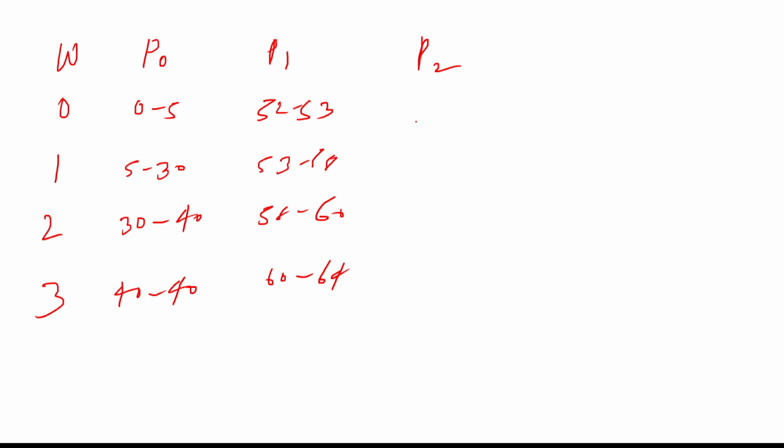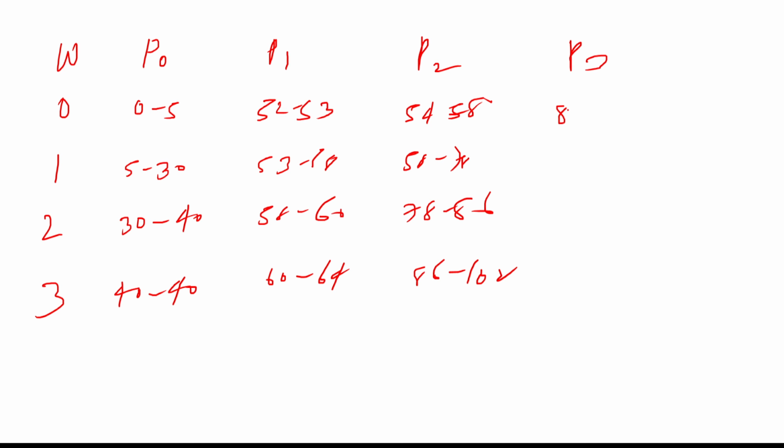We have portion 2 between 54 to 58, then 58 to 78, 78 to 86, 86 to 102. These are the finish times we are talking about. So 86 to 88, 88 to 98, and 98 to 102.